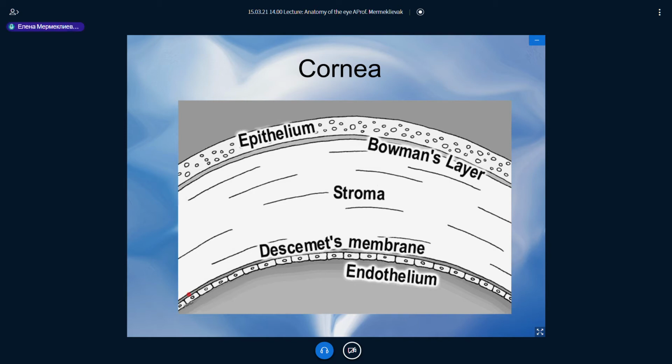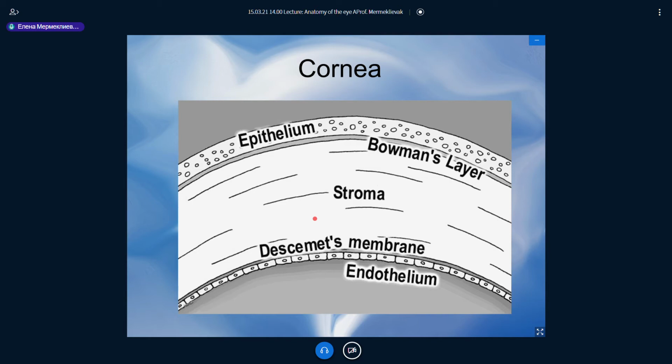The endothelium has a neuroectodermal origin. It is a single cell layer, and it does not regenerate. Here we have an active transport, and due to its transport, the stroma is in a condition of dehydration.